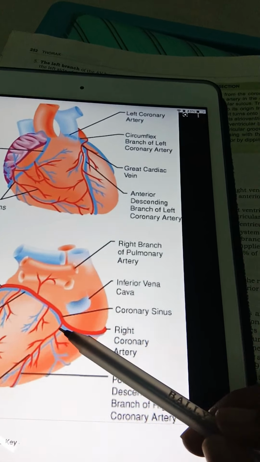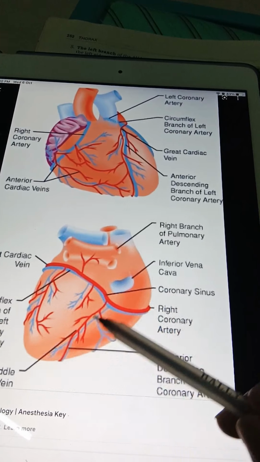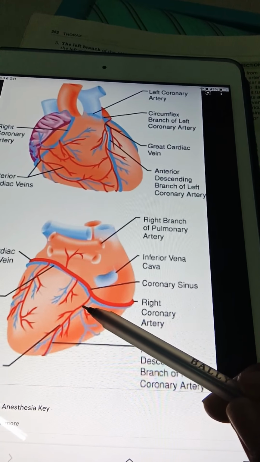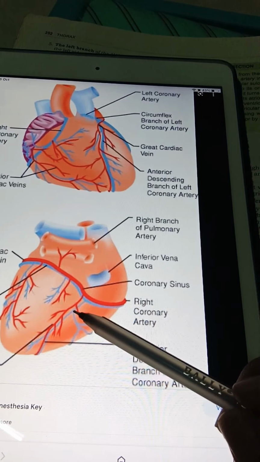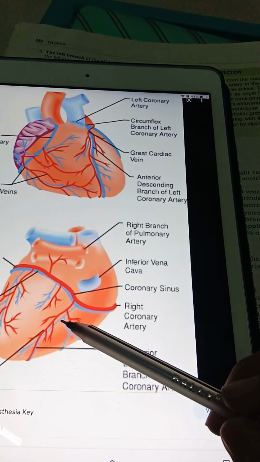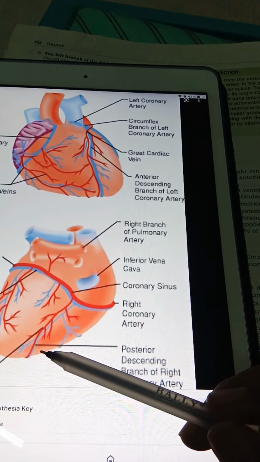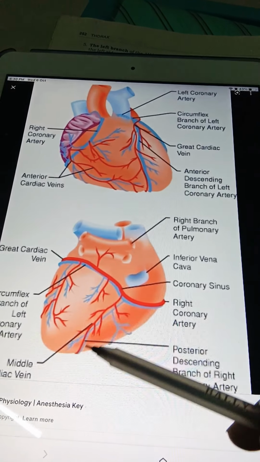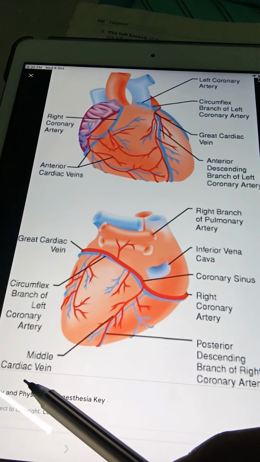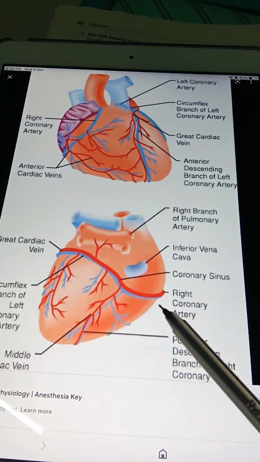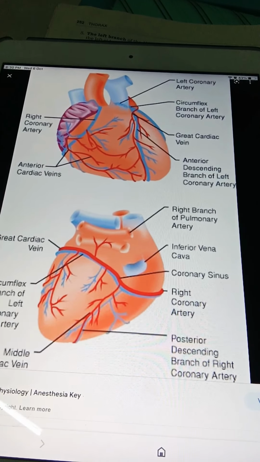It runs backward, mainly to the left side, in the right posterior coronary sulcus, which is nothing but the right atrioventricular groove. Here it comes and mainly reaches the posterior interventricular groove. You can see the middle cardiac vein here. This is also a branch of the right coronary artery, but on the posterior side.